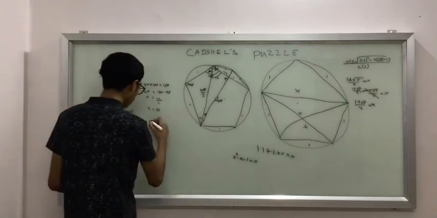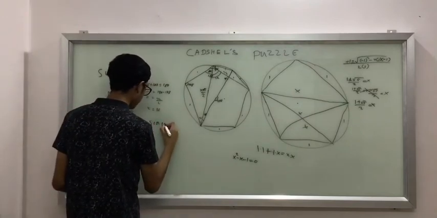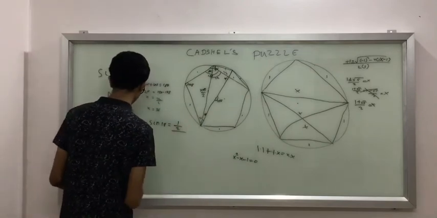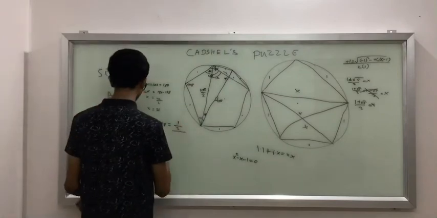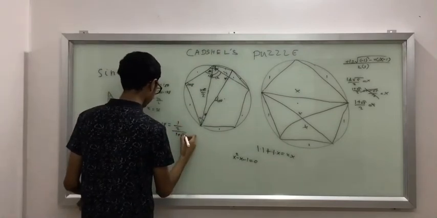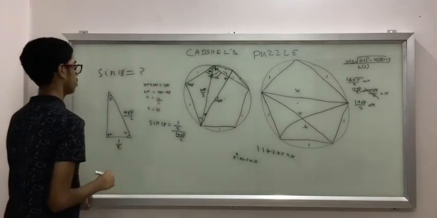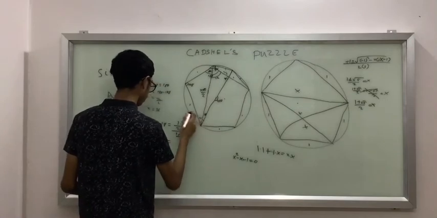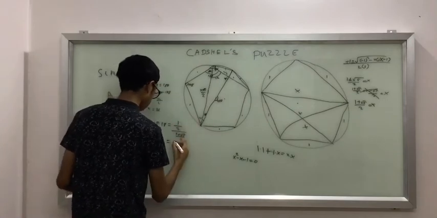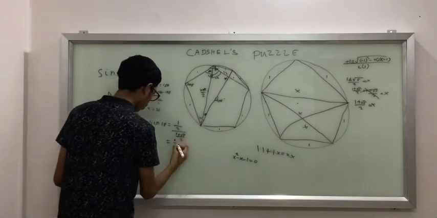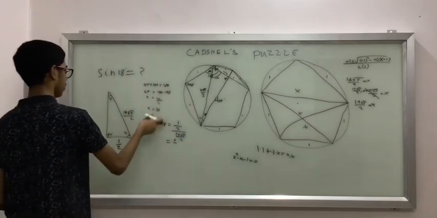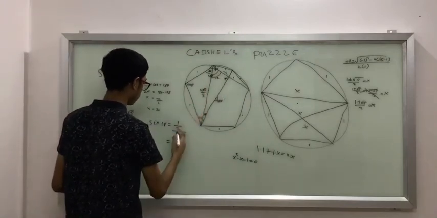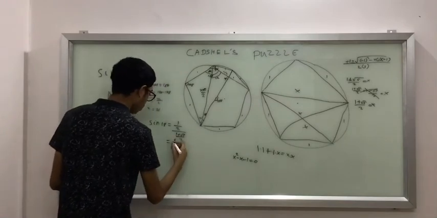So sine 18 is equal to opposite, 1 by 2, by hypotenuse, 1 plus square root of 5 by 2.